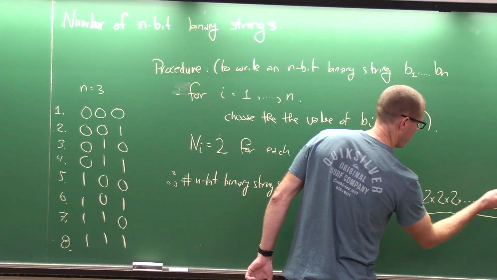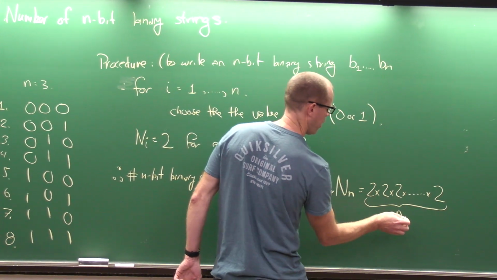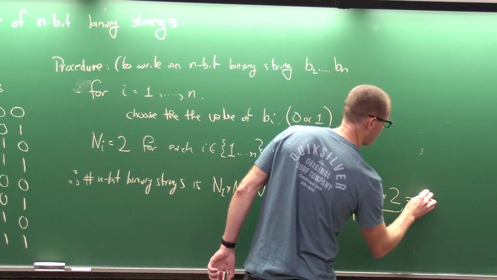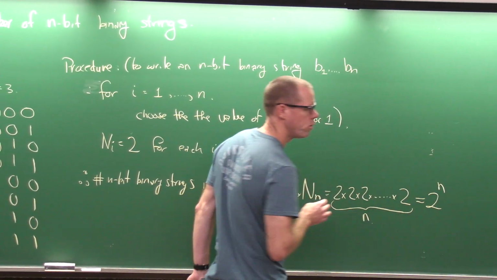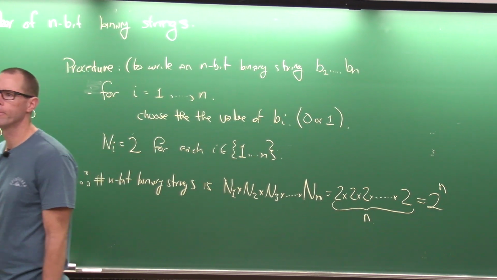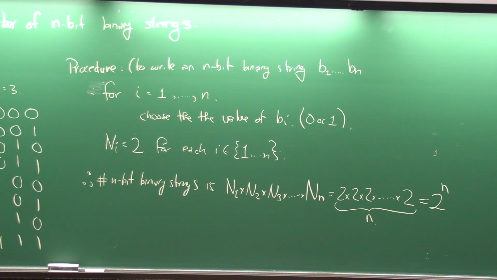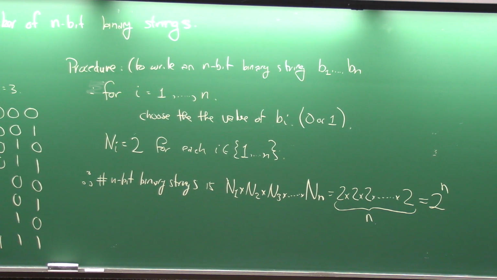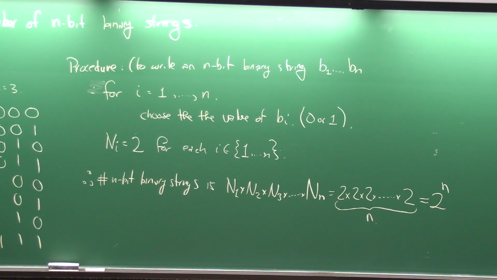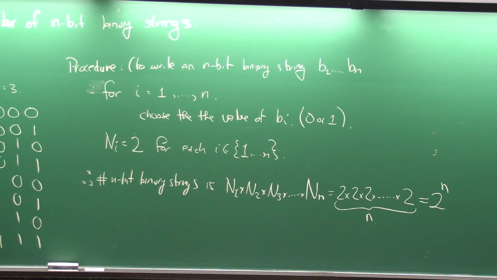The number of factors in here is n, and we have a shorthand for that. That's 2 to the power n. Okay? So is that clear?